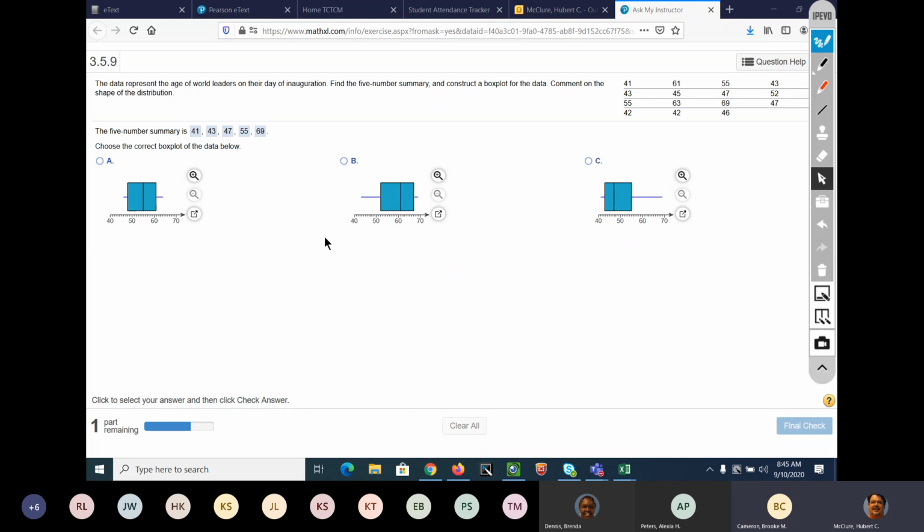Okay, that's not right. But we know that it's a little bit to the left, so I believe it's probably C. Because this is skewed left, and this looks like a normal distribution because the middles line up. The median lines up with the mid-range. So that's a normal. That's skewed left. This is skewed right.